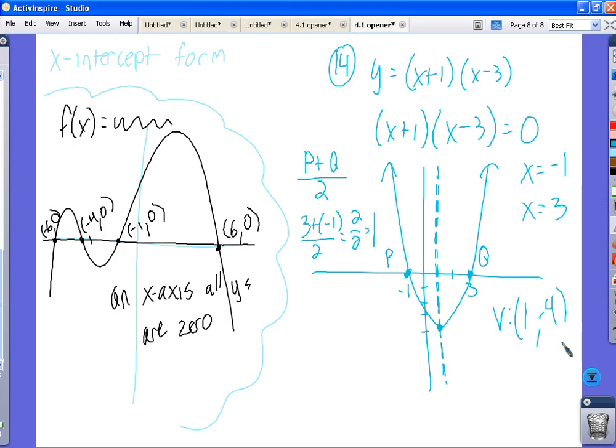It's negative 4. Well, we have the x is 1. How do we find the y value if we have the x value? Okay, so we plug it in, we get 1 plus 1, and okay, this one. I got you.